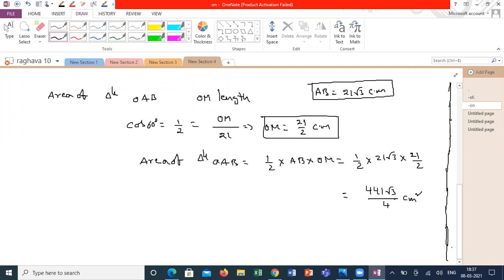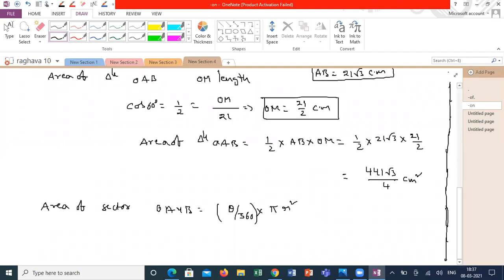So now, if I'm asking you to calculate the area of the sector, how will you calculate? Which formula do I have to pick here? Area of sector OAYB is theta by 360 into pi r square. Am I right? Guys, clear? Or am I confusing too much?